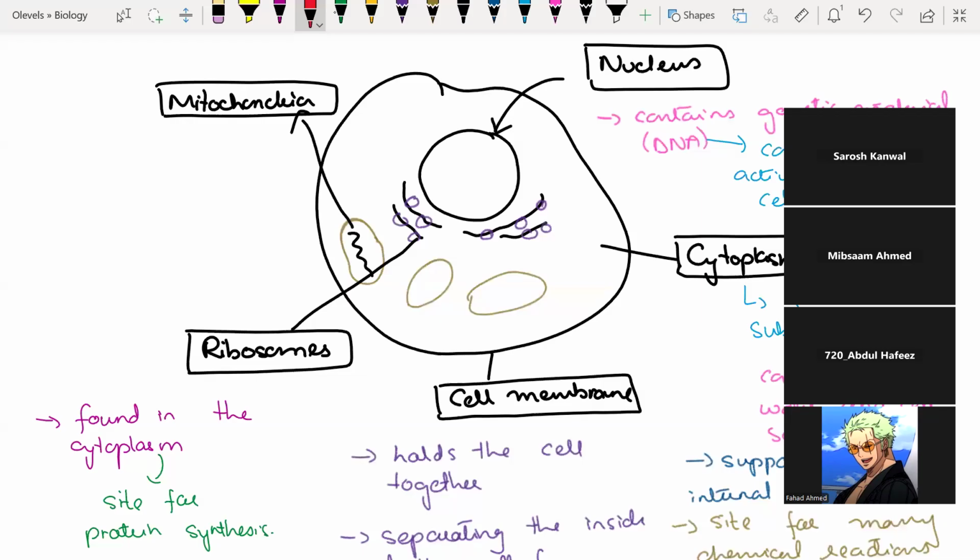Ma'am, does mitochondria produce adenosine triphosphate? Okay, so you are asking whether mitochondria produce ATP, right? Yes. So yeah, they are called the powerhouse of the cell. The energy currency that we have inside the cell is ATP. So yeah, they do produce ATP.